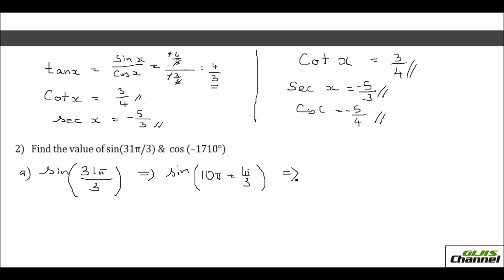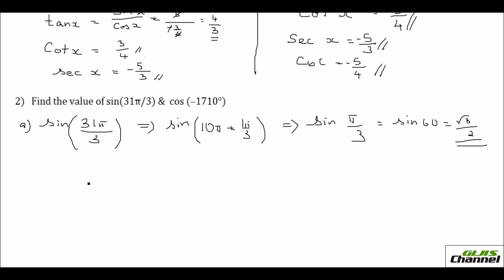You can just ignore that. So this means that it is sine pi over 3. So sine pi over 3 is sine 60, right? What is sine 60? Sine 60 is root 3 over 2. So I have found out the value for sine 31 pi over 3, and that is nothing but root 3 by 2.